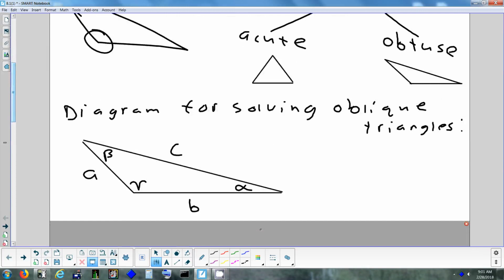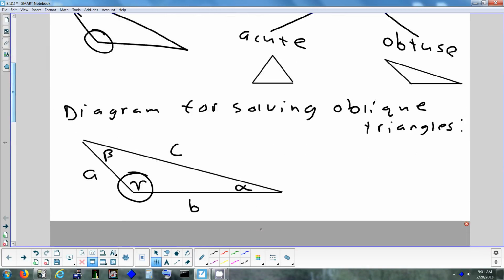The important thing is when you label it, A is across from alpha, B is across from beta, and C is still the 3rd side, but now we've done something different. The 3rd angle isn't a right angle anymore. So we had to give it a name.